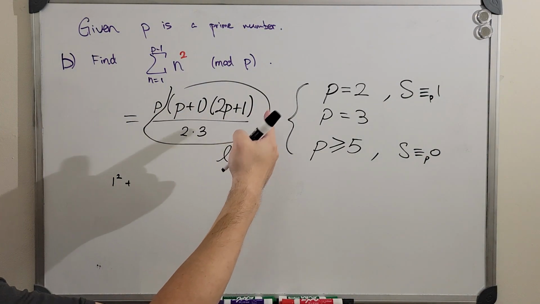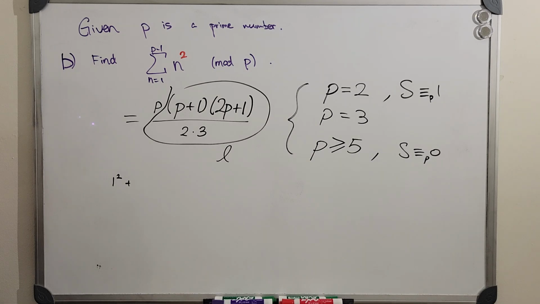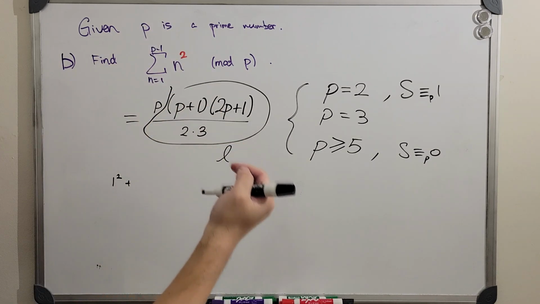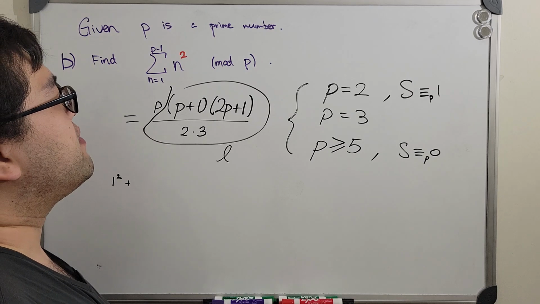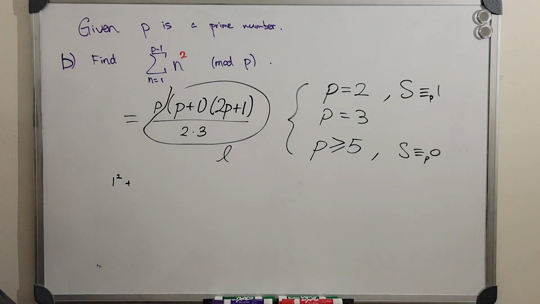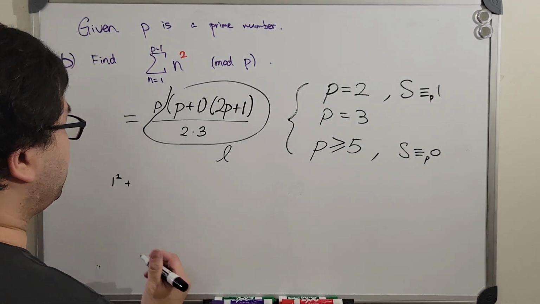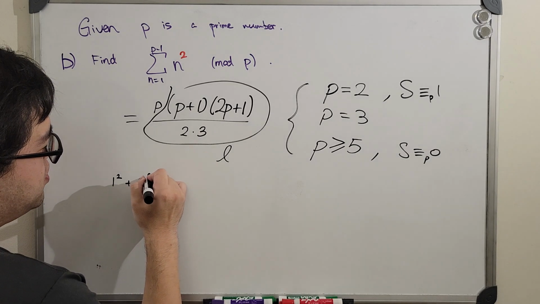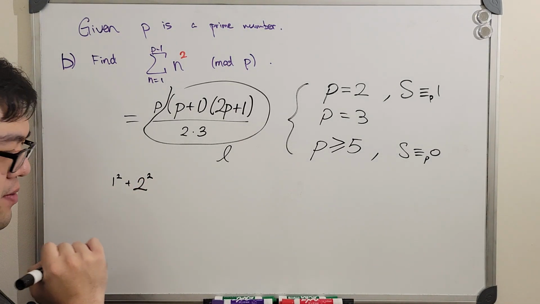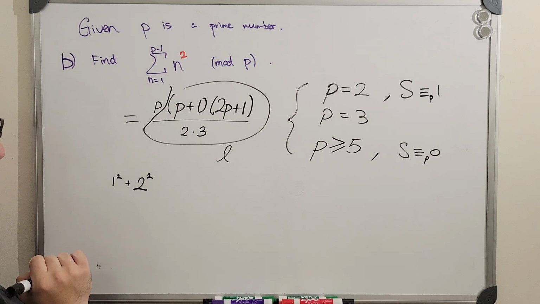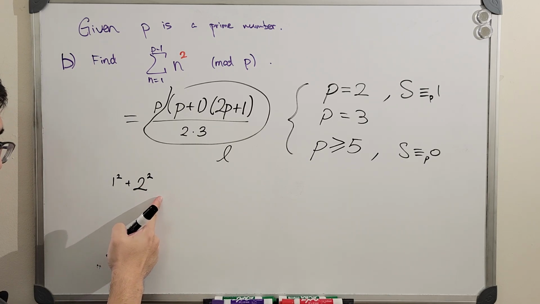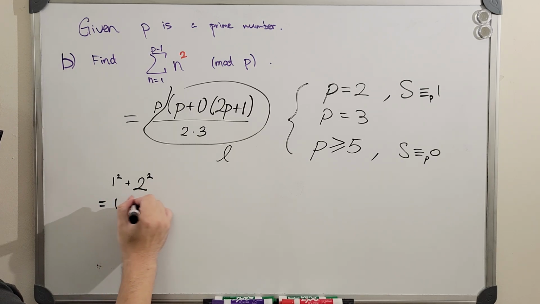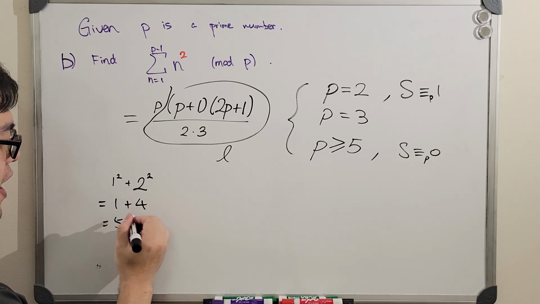Now, if we consider p equals 3, our last term will be 3 minus 1, which is 2, meaning that the second term will already be our last term. And therefore, our last term will be just 2 square. What do we get? We'll just have 1 square plus 2 square, which is of course 1 plus 4 equals 5.